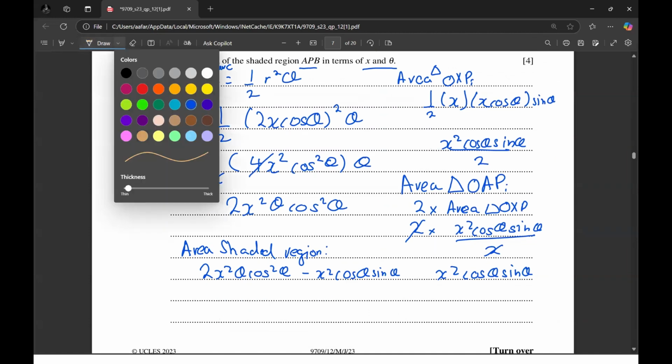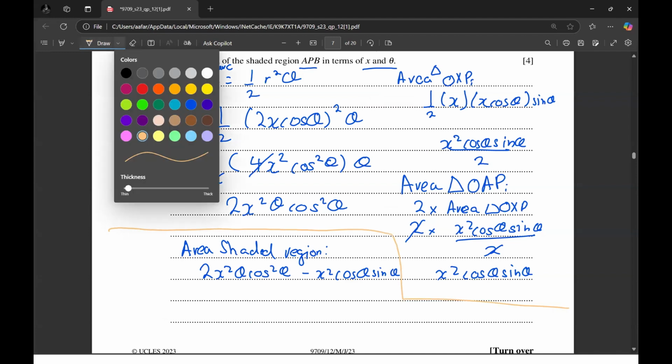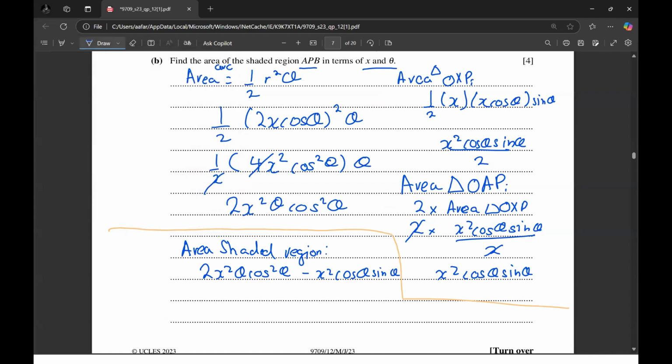Let's just call this off. And now what things can we take common? This is the formula, but let's make it a bit more tidy. We can take x common and cos theta common. So we get 2x theta cos theta minus x.